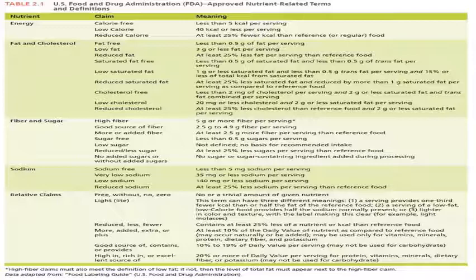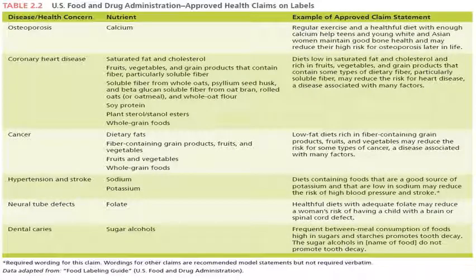Here are some USDA approved nutrient-related terms and definitions that you can look over so you can understand what each term actually means when food companies write it on their products. This is another list of USDA approved health claims and labels. So what does it mean when they say it's heart healthy?